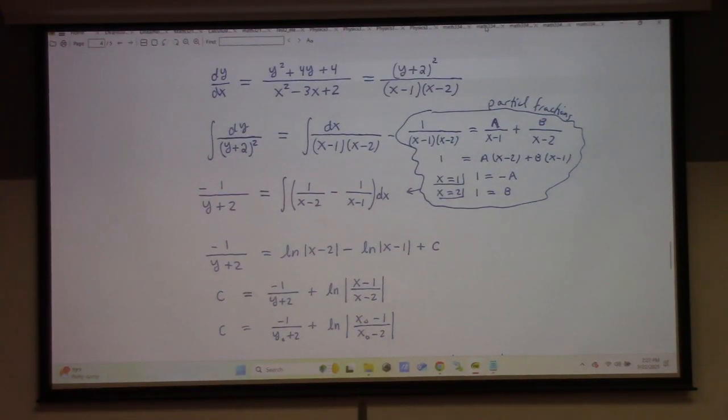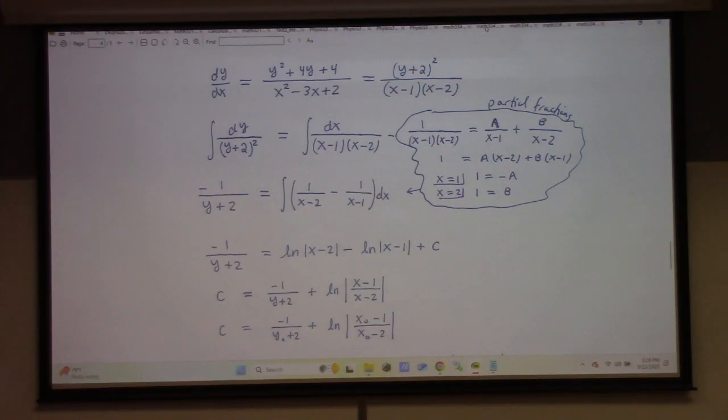Now, finding our way to the implicit general solution is easy enough, right? And if I wanted to go from there to the explicit general solution, what would you do? I'll write it out here. I would do y plus 2 equal to minus 1 over the natural log of x minus 2 minus the natural log of the absolute value of x minus 1 plus a constant.